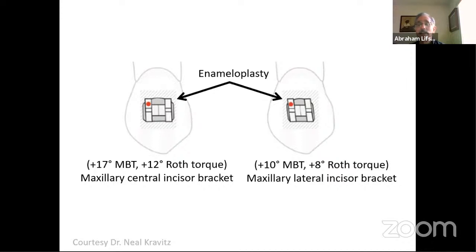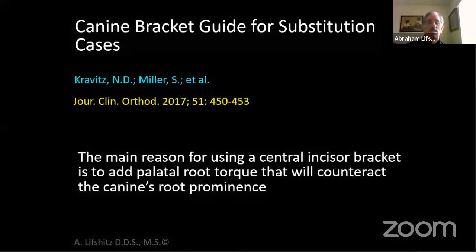The maxillary lateral incisor, if you're using an MBT prescription, has a plus 10 degrees of torque, and a Roth prescription has plus 8. If you're using a central incisor bracket, it has a plus 17 if you're using an MBT, or a plus 12 if you're using a Roth prescription.